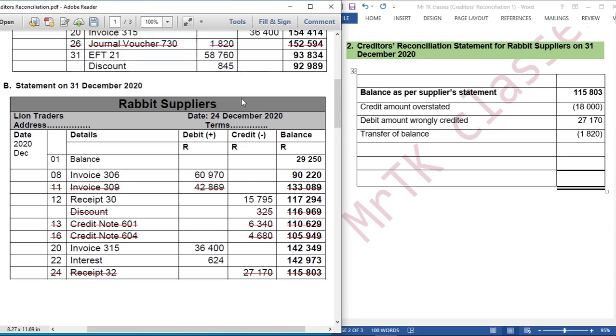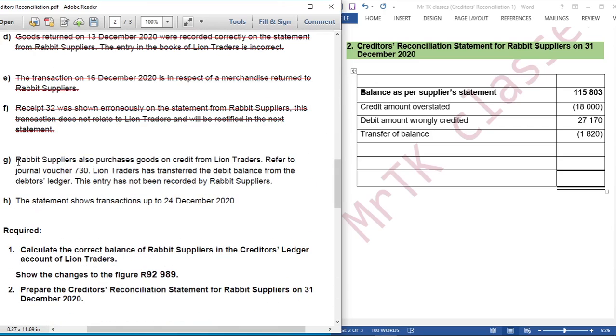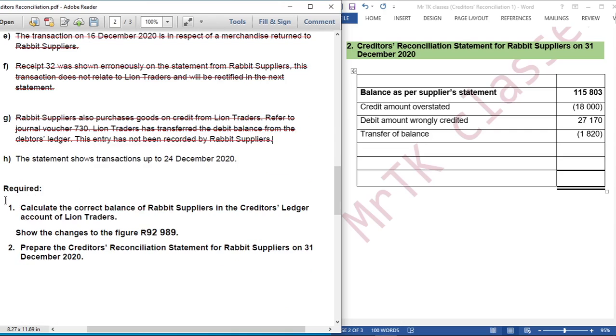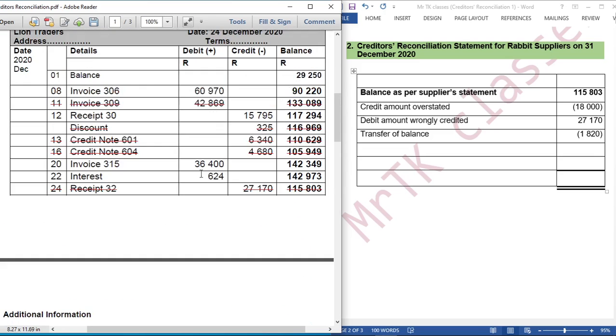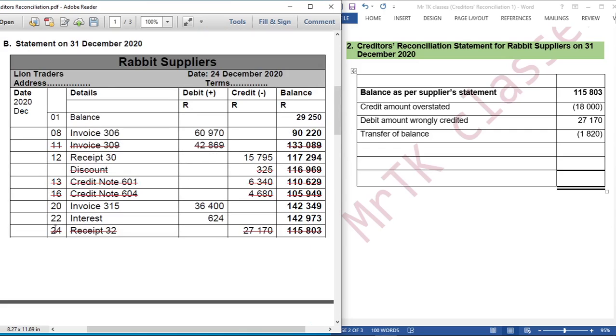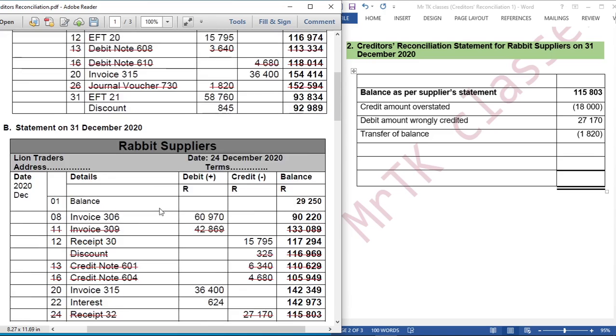All right, then we are going to H. The statement shows transactions up to 24 December 2020.